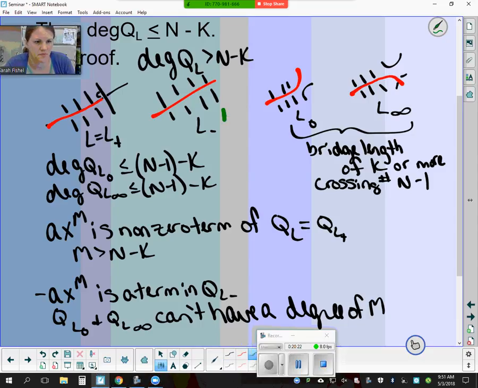And that is, of course, because you are adding an overcrossing when you switch that. So this undercrossing becomes an overcrossing, so your bridge length is at least k plus 1, because of course you could have other undercrossings after that, but we are only looking at that one particular site, so it's k or more.